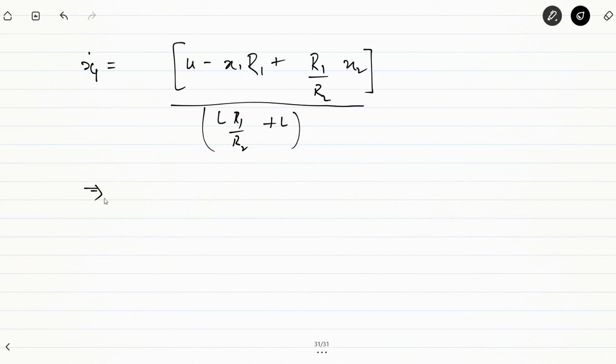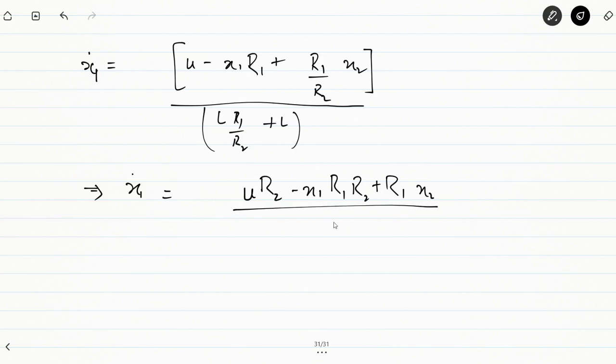So we can try to simplify this. So this means x1 dot is equal to, L यहाँ से common निकाल के you can have u R2 minus x1 R1 R2 plus R1 x2 divided by L R1 plus L R2. Fine.